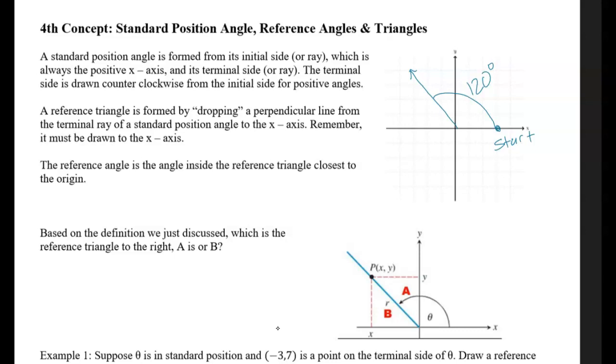Anytime it has an angle and it wants you to find the reference angle, you take your line and you drop a line down that is perpendicular to the x-axis, like so.